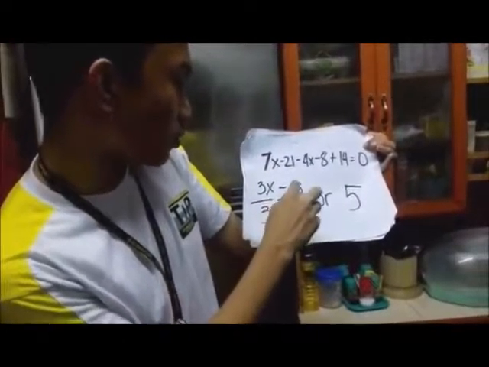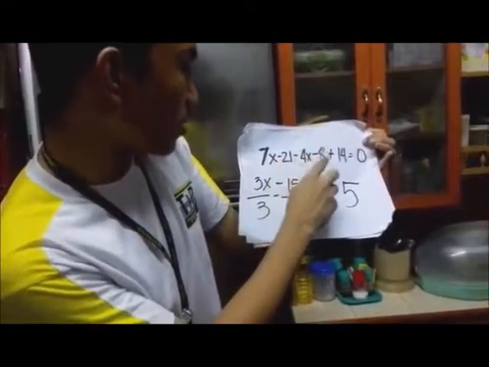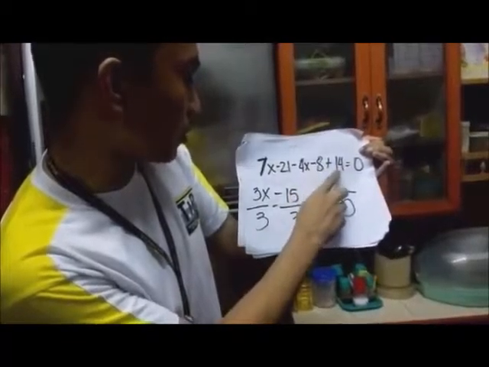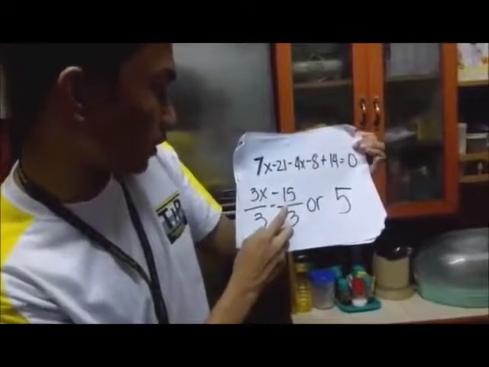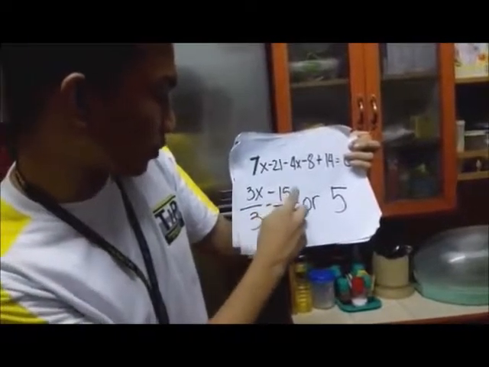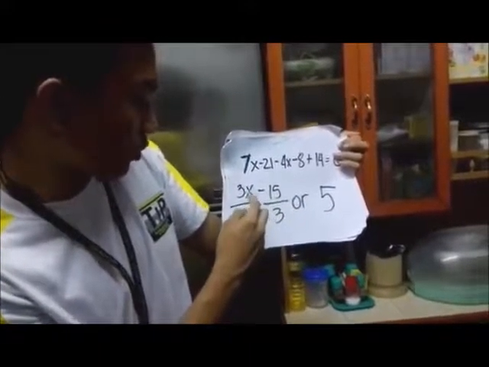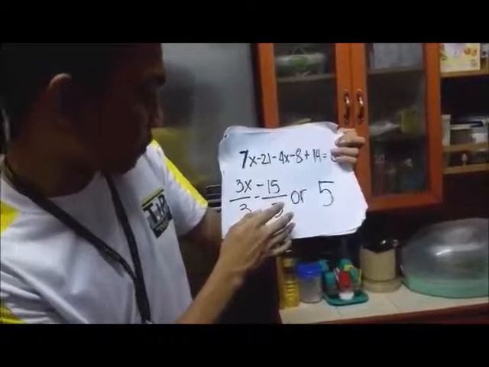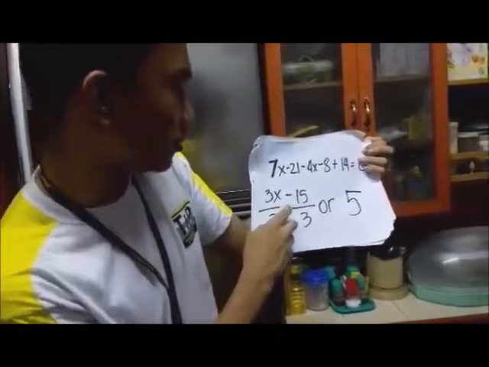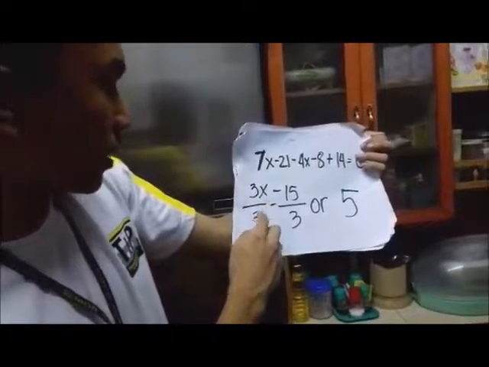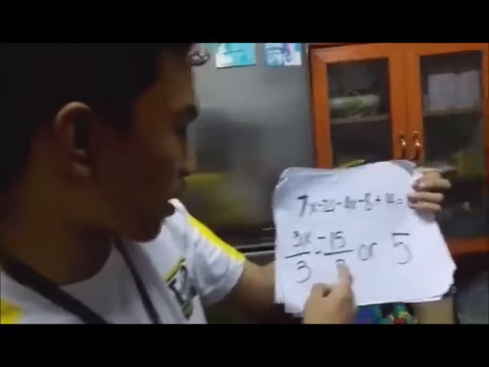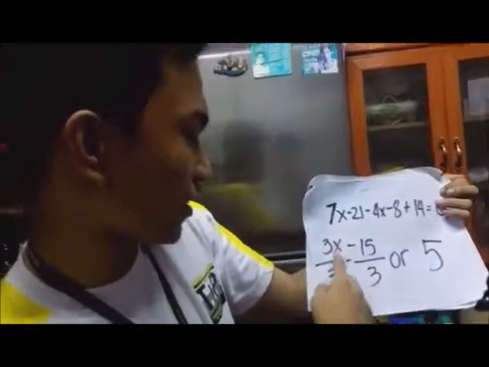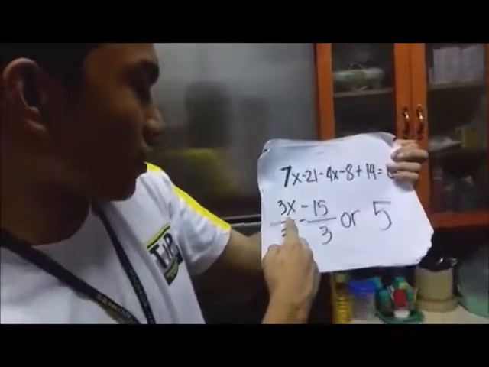Tapos, equals to negative 21 minus 8 plus 14. Ang kalalabasan ay negative 15. Tapos, ililipat mo yung negative 15 sa labas. So, 3x is equal to positive 15. Maglalagay ka ng 3 sa baba para ma-cancel sila at x na lang matira. Kaya ang kalalabasan ay 15 over 3 or 5.